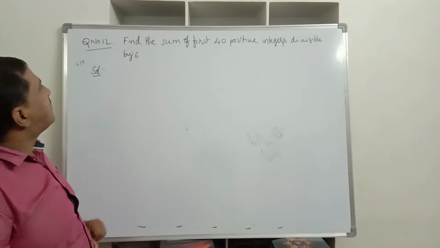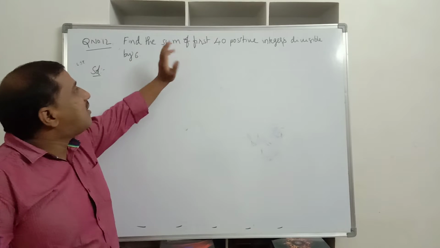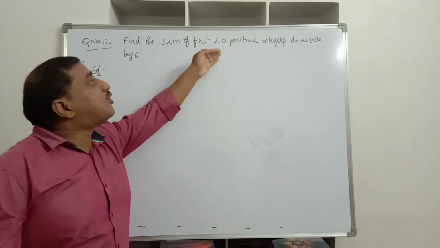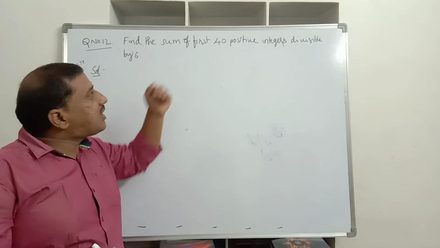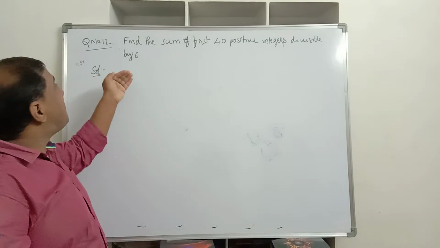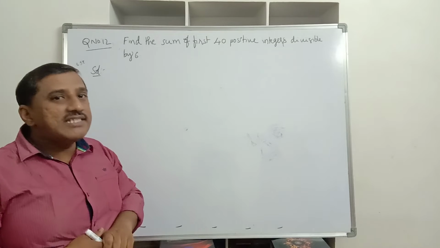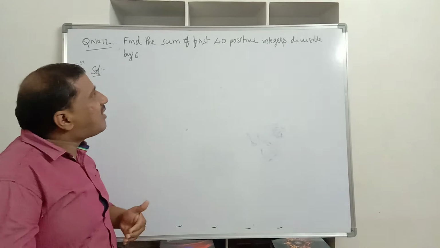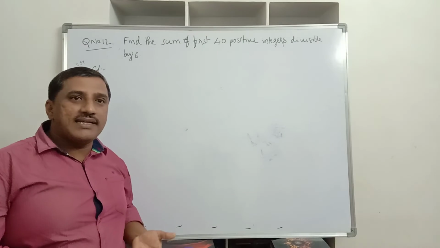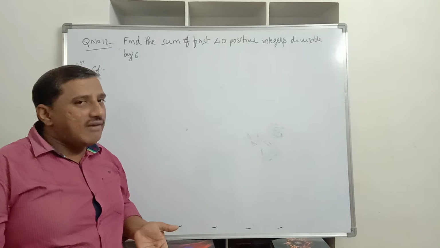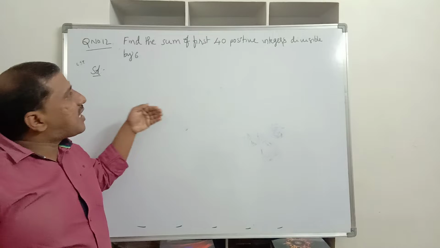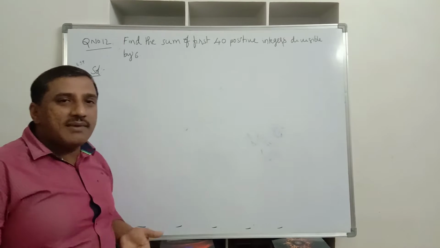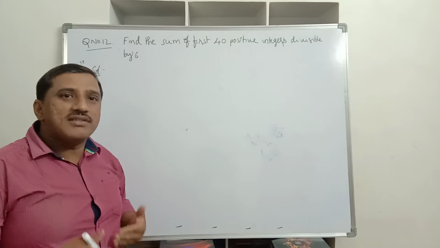Question number 12. Find the sum of first 40 positive integers divisible by 6. What do we call those integers which are divisible by 6 or any other number? We call them the multiples of that number. So the numbers which are divisible by 6 are nothing but the multiples of 6.